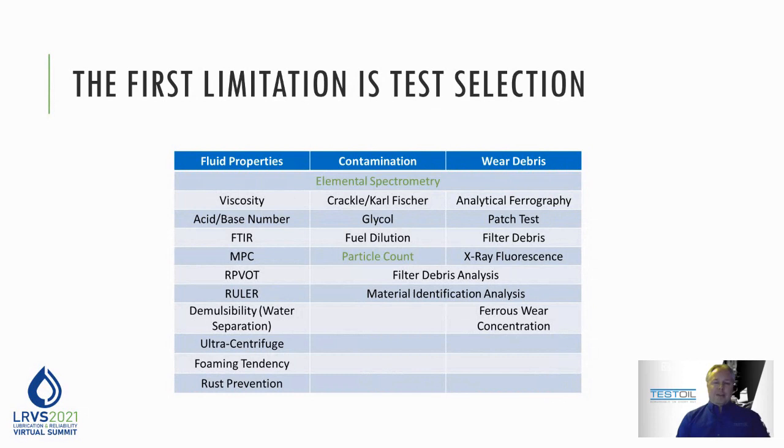So to do that, I'm going to walk you through both of the tests and give you some background as to how the tests are done, and you'll come to your own conclusion, hopefully, as to why they don't always correlate. And then we'll discuss that correlation at the very, very end as to what that actually does or does not tell you. So with that in mind, let's start with the first of those two tests, elemental spectroscopy.